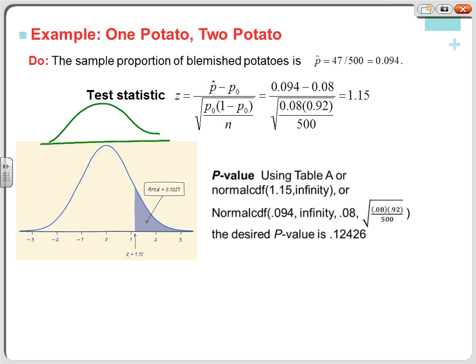your density curve here. Let's see, our mean instead was 0.08. Yeah, 0.08. And we are looking at 47 out of 500. I need my calculator. Hold on.